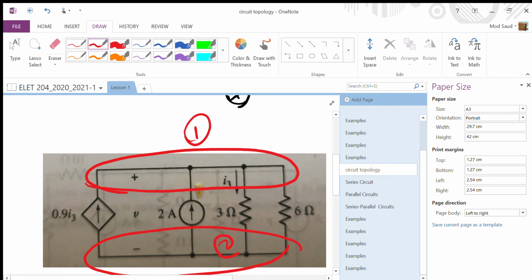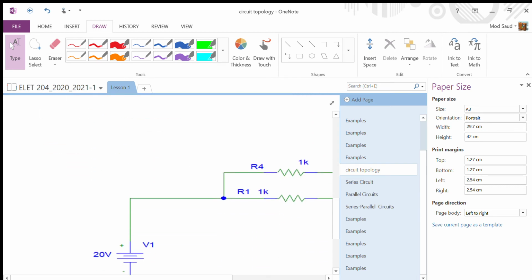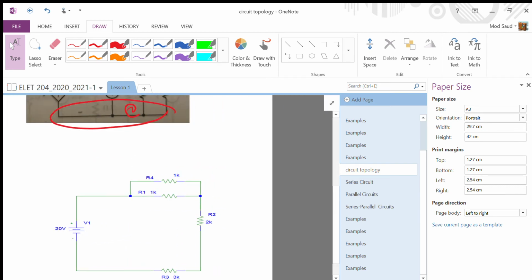So the whole circuit is two nodes. This circuit, the third one, we have one node.